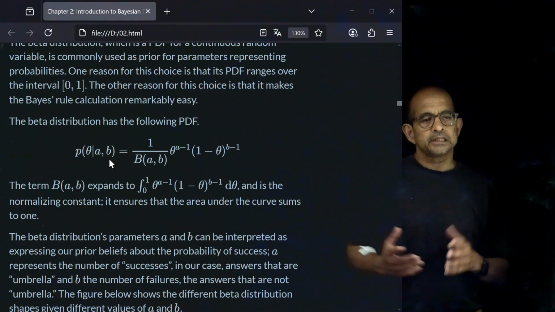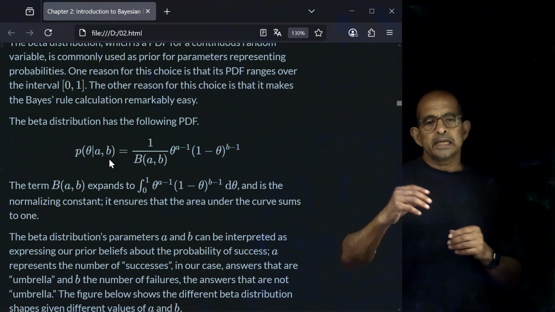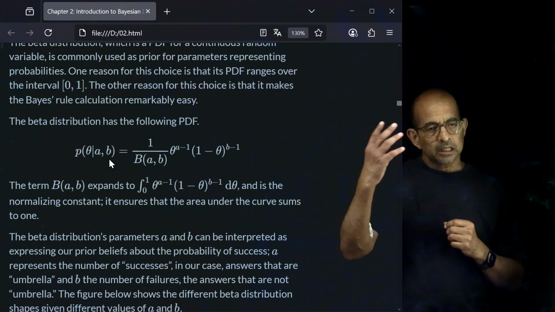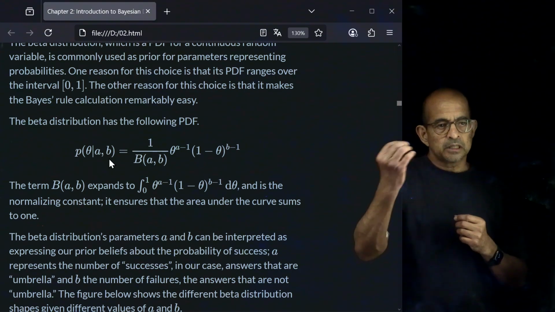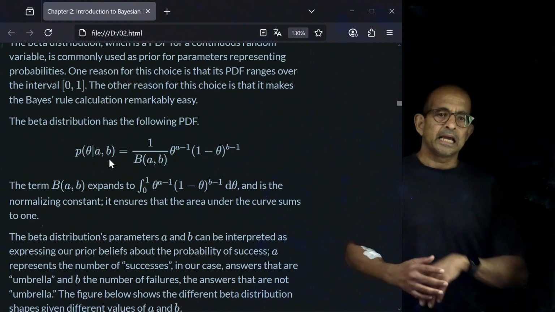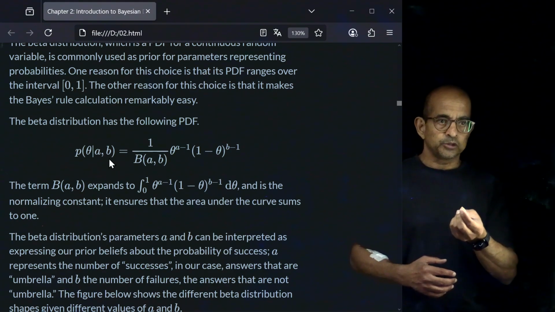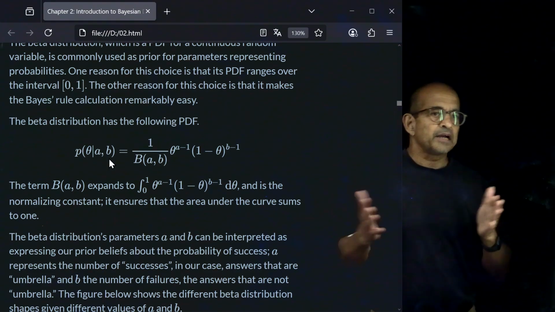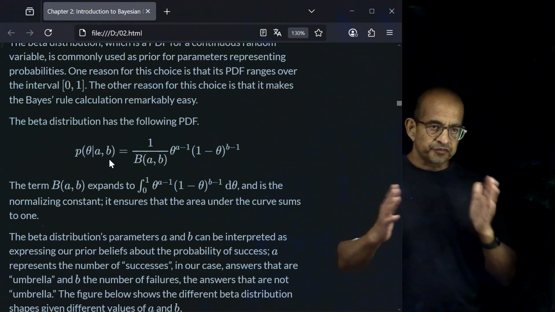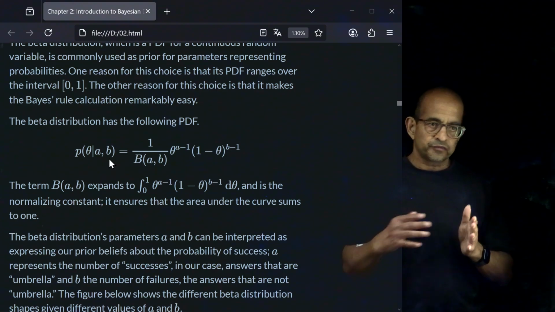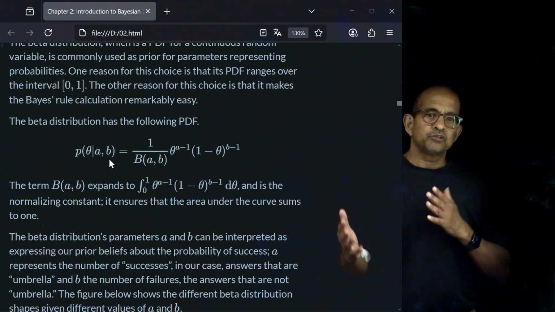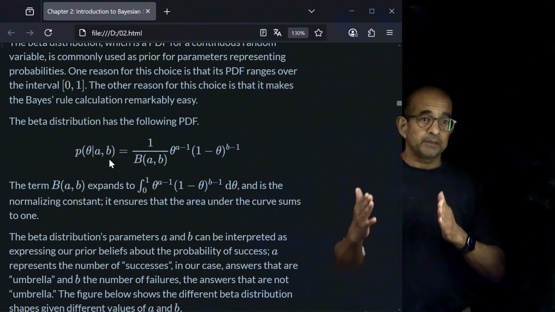And the way you can think about these parameters is that A can be seen as your prior belief about the number of successes you would expect, and B as your prior belief about the number of failures that you can expect, right? So if I assume a priori that I have a 50-50 chance of success and failure, then I would set A and B to be the same numbers, right?